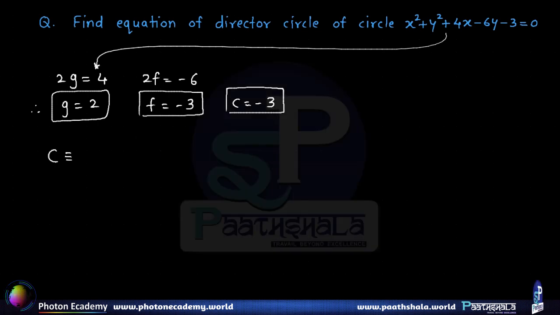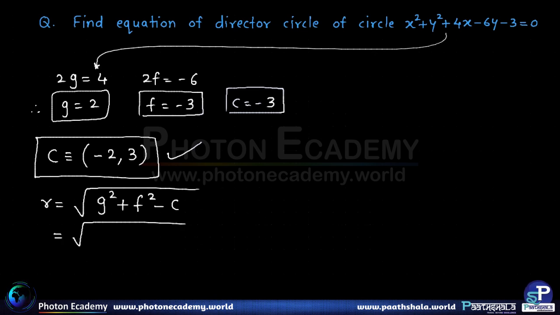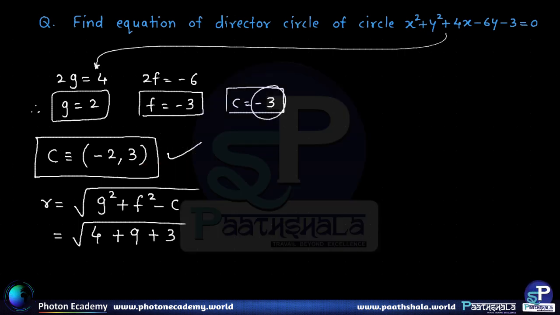So the center is minus g comma minus f, that is minus 2 comma 3. And the radius is root of g square plus f square minus c, that is g square is 2 square, that is 4, f square is minus 3 the whole square, that is 9, and minus of minus 3 means plus 3, and that gives us root 16. So the radius of the given circle is 4.